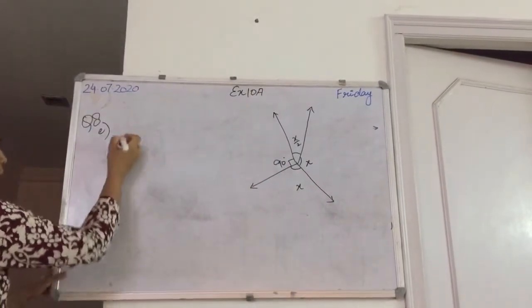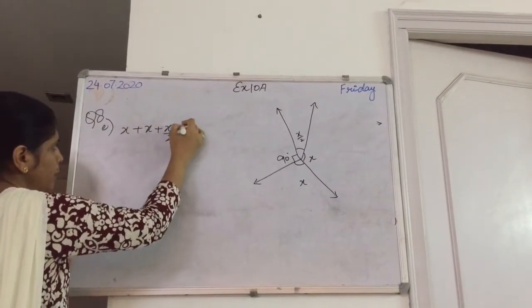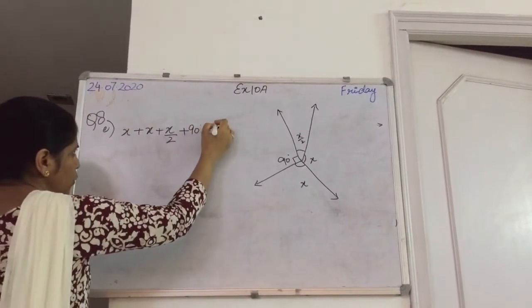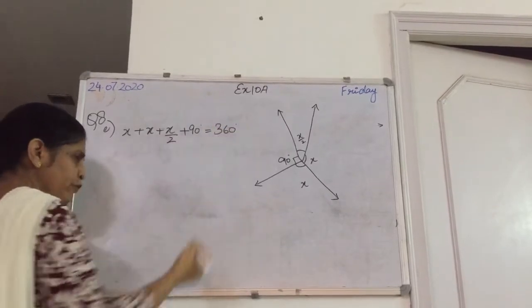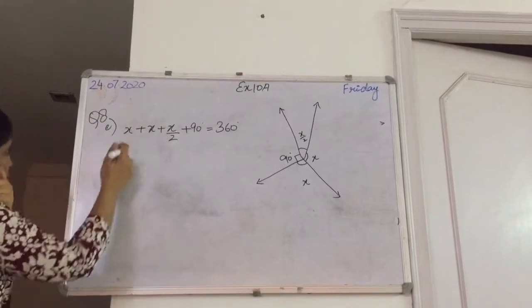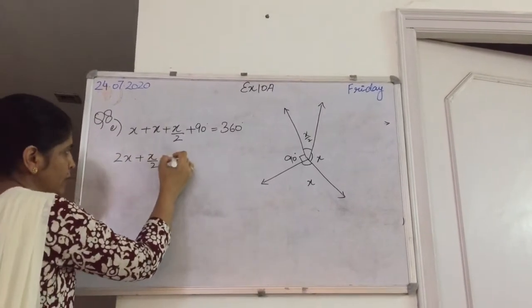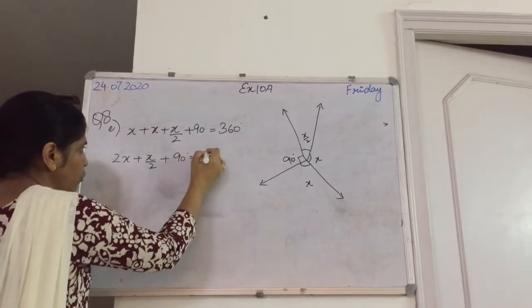So we write x by 2 plus 90 equal to 360. If you wish, you can write in the bracket complete angle. Here x and x become 2x. 2x plus x by 2 plus 90 equal to 360.